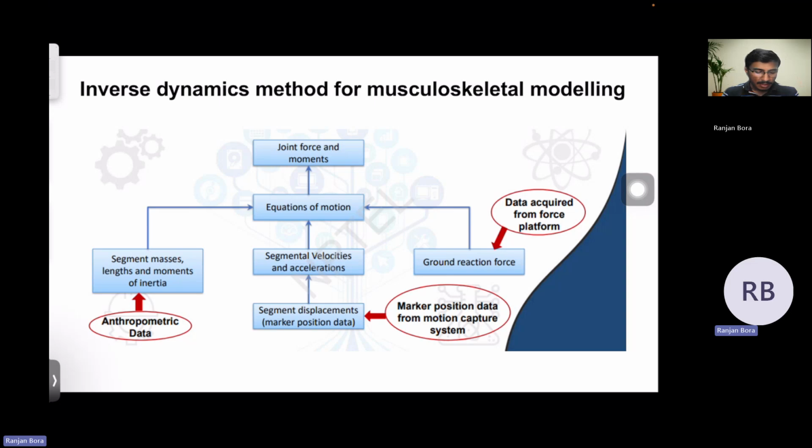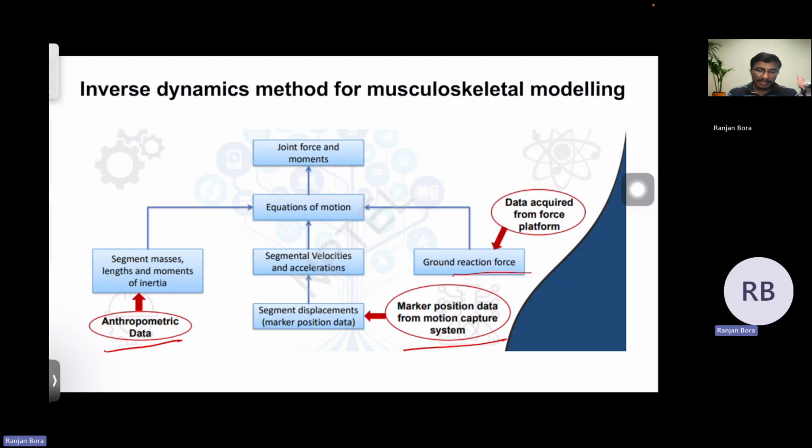Like we can see, we need the anthropometric data, which are the segment mass, length, and moments of inertia. Then we need the marker position data, which we get from the motion capture system in the gait lab. And one data we need is the ground reaction force data. Again, we get this force data from the gait lab.